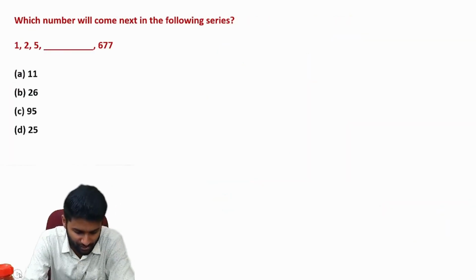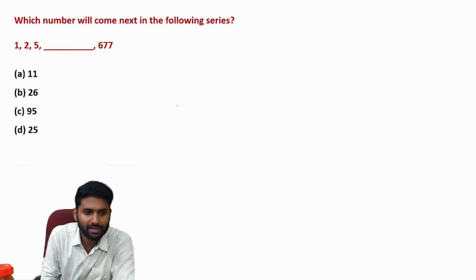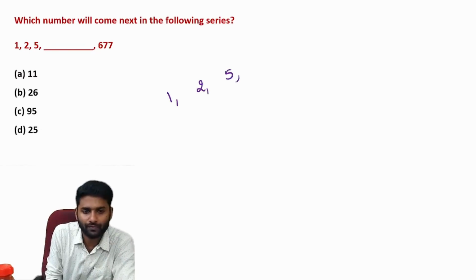Next. Try to solve this question. Here the numbers are 1, 2, 5, and the missing number, 677.